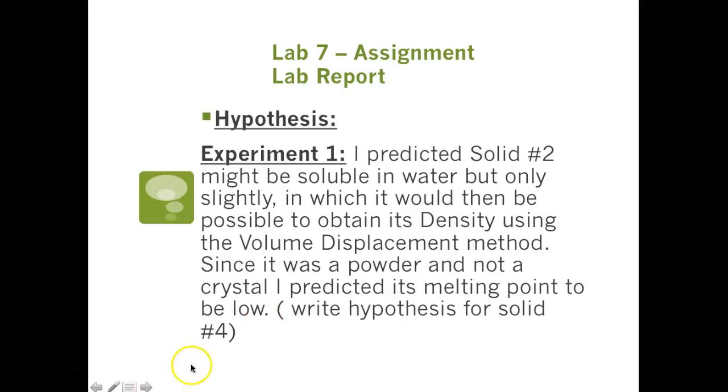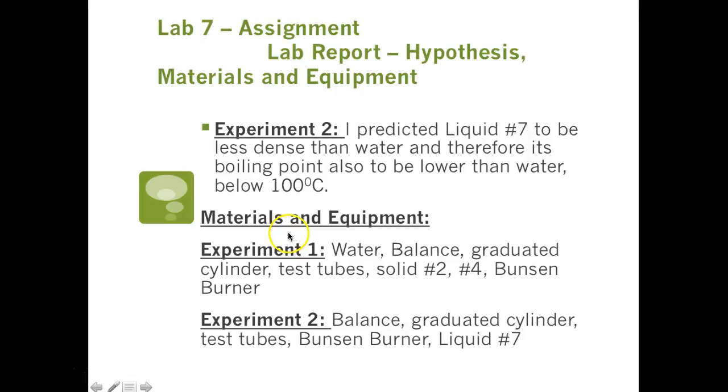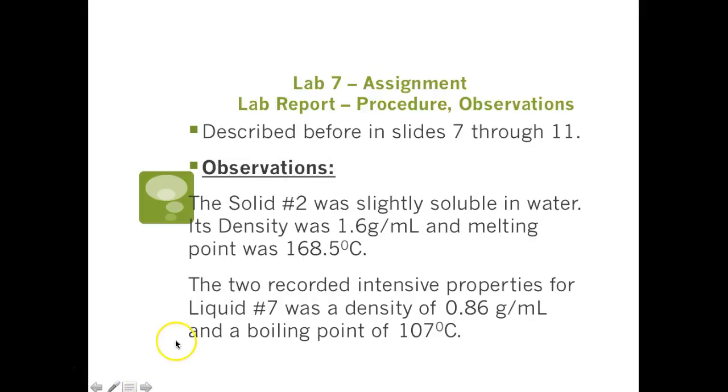Okay, write a similar hypothesis for solid number 4 as well. So again, list all your materials, and then write down your procedure, and then a very detailed listing of your observations or data.